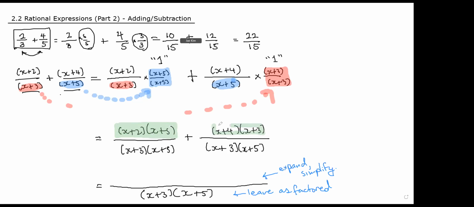This portion and this portion, the numerators, I am going to multiply out, and then I'm going to group the like terms together. So this is x squared, 5x and 2x, and then 2 times 5 is 10. And then that's added to x times x, 3x, 4x, and 12, 4 times 3.